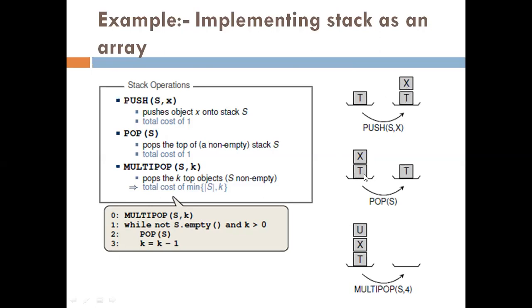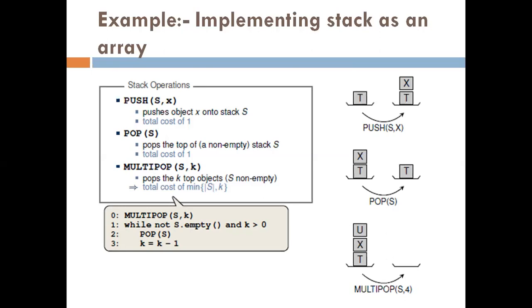To remove an element, we remove the element which is present at the top position if we use the pop function. This pop(S) removes the element which is present at the topmost position in a stack S. So it requires time 1. And one more function is there, that is multi-pop. The difference between pop and multi-pop is that in a pop function we remove only one element, which is present at the top of the stack.